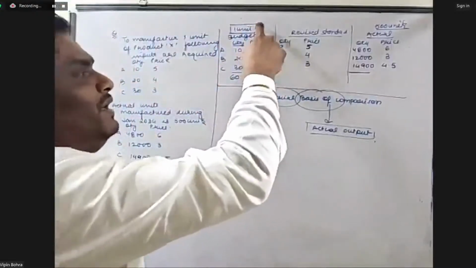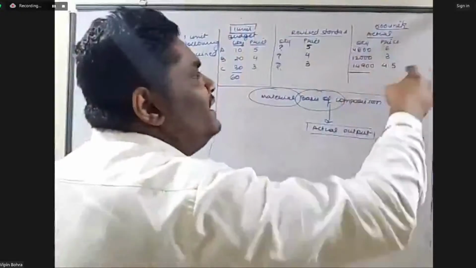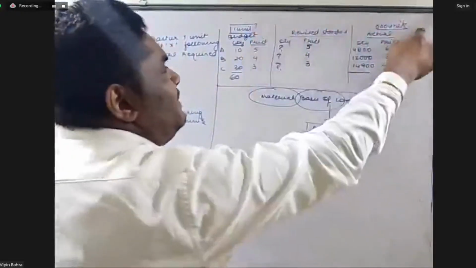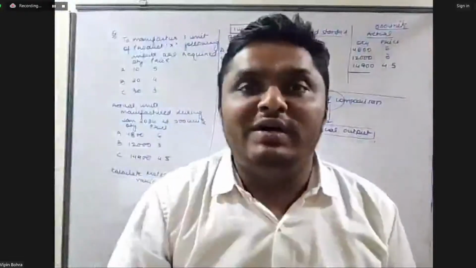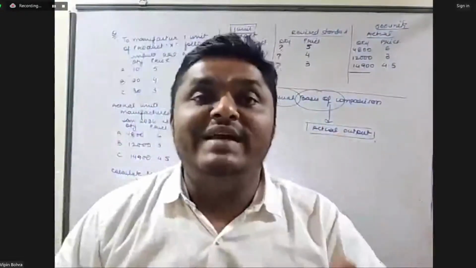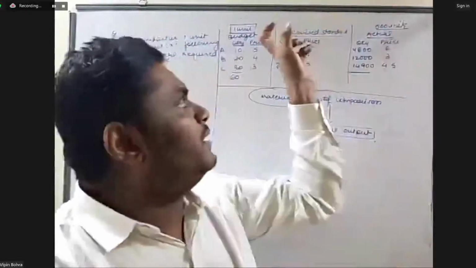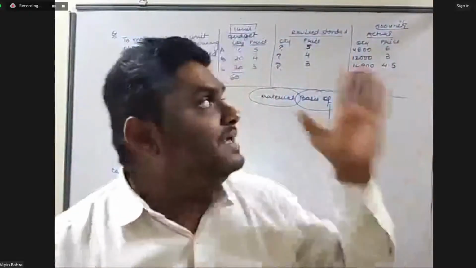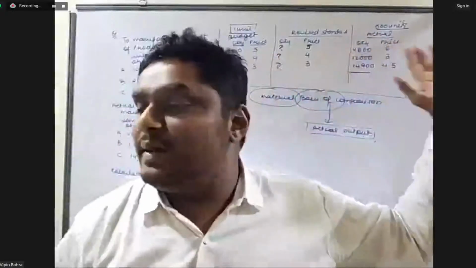1 unit of output. And this data is given for how many units of output? 500 units of output. So is the output the same? The output is not the same. Is the output the same, budgeted and actual? No, because budgeted data is given for 1 unit of output and the actual data is given for 500 units of output. So are these figures comparable?